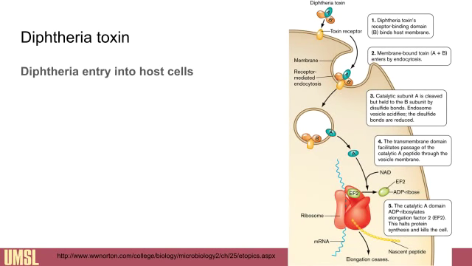So, as I said, diphtheria toxin, the active subunit gets into the host cytosol via endosomal acidification. So, diphtheria toxin is a single chain AB toxin. So there's one active domain and one binding domain in this protein.